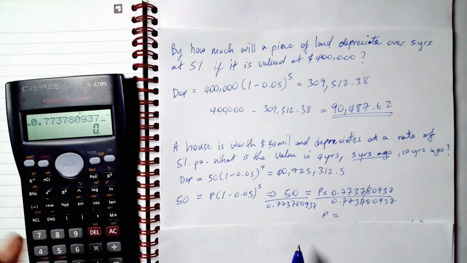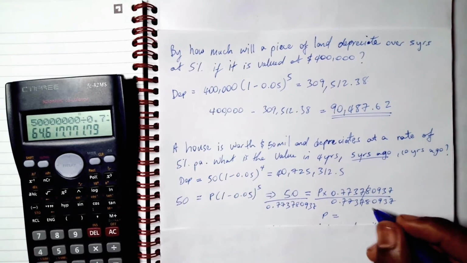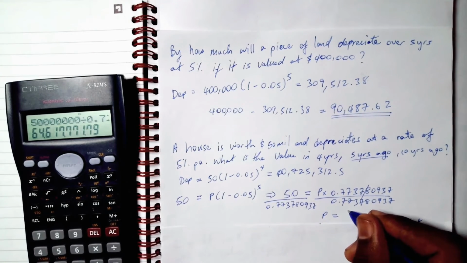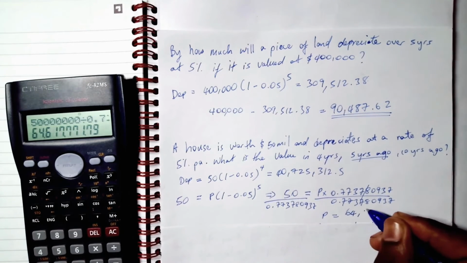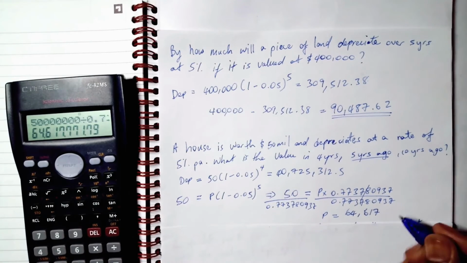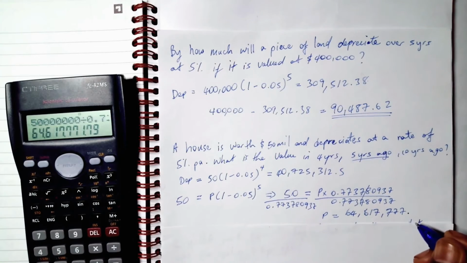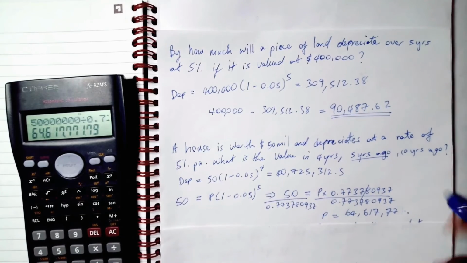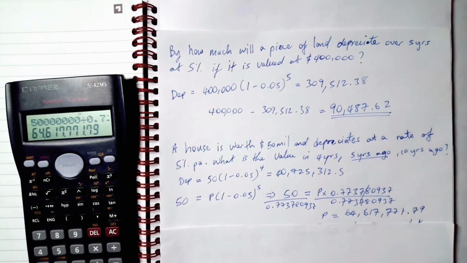Is that correct? I think so. And the result, the initial value. So 5 years ago, the value of the house was 64,617,771.79.